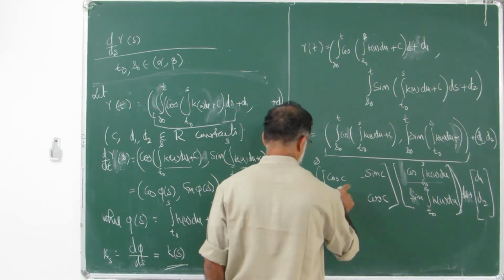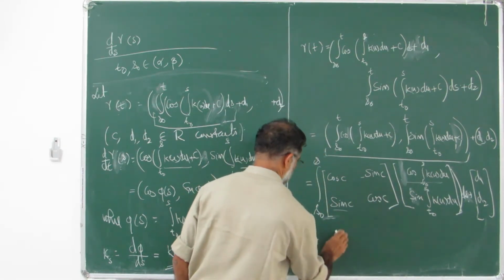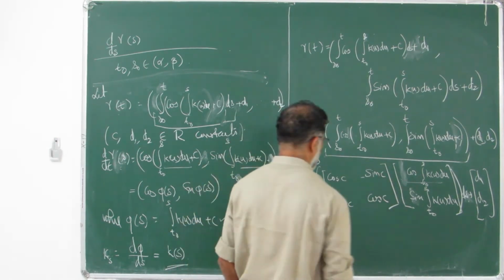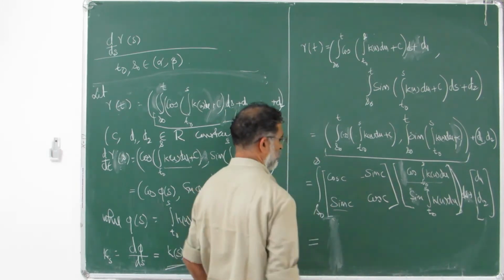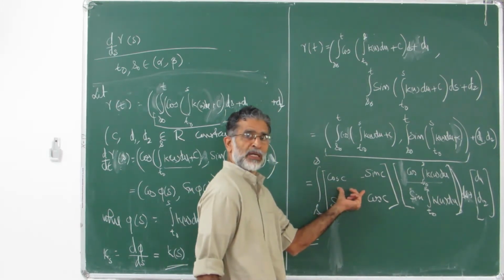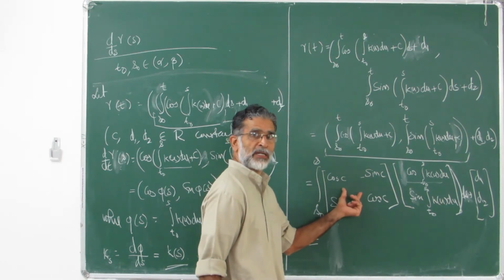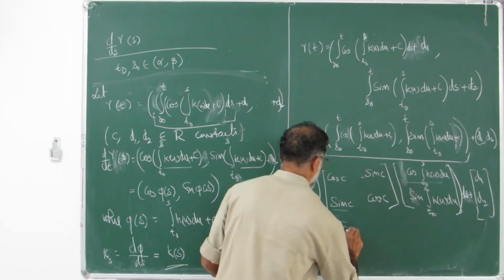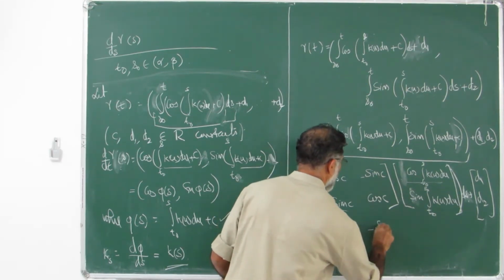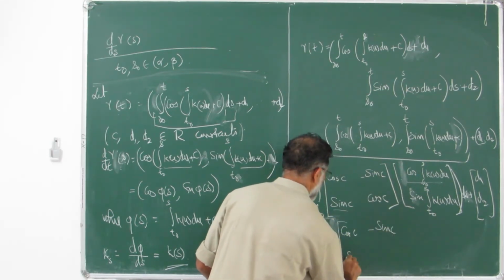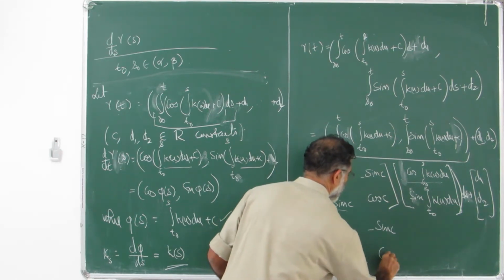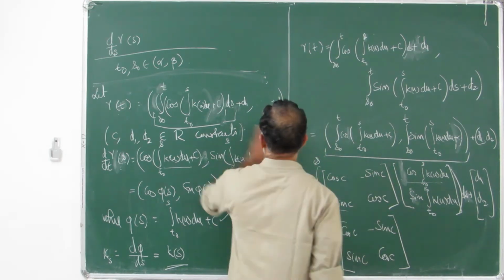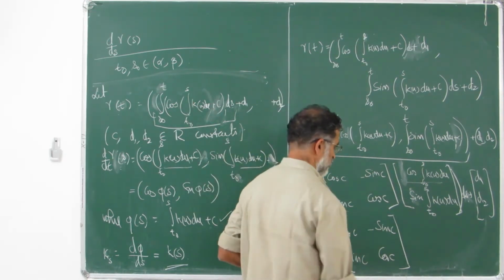So now I will tell you what all this was. Integral from S0 to S. This is a rotation, and ultimately I want to say that this has nothing to do with the integration because it's a constant. So you can always take it out. So this is the matrix cos C, minus sin C, sin C, cos C. The C is any constant, it works.